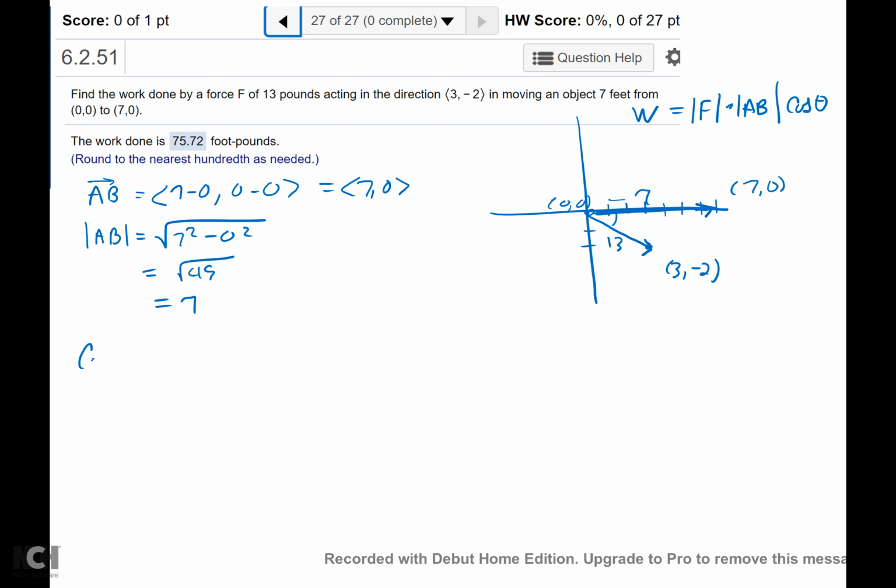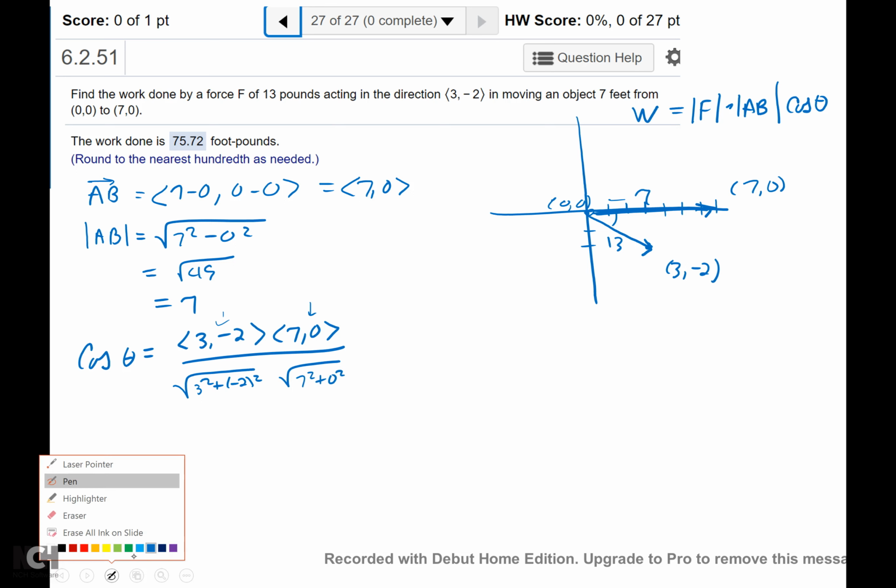So I say cosine theta equals 3, -2 times 7, 0 over the magnitude of this, which will be the square root of 3 squared plus -2 squared, and the magnitude of this will be the square root of 7 squared plus 0 squared.